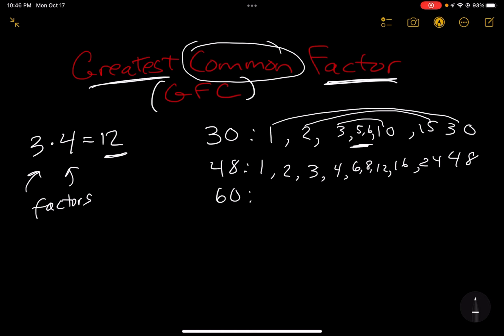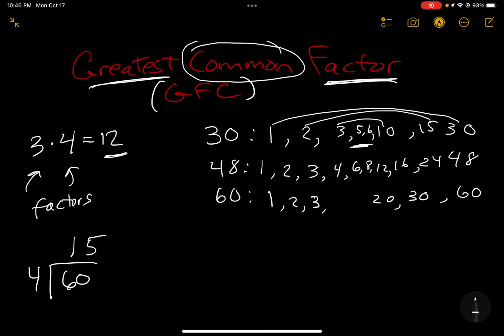Okay, last one, 60. We're going to go with 1 and 60, 2 and 30, 3 and 20. 4, I believe 4 works, right? Isn't that 15?